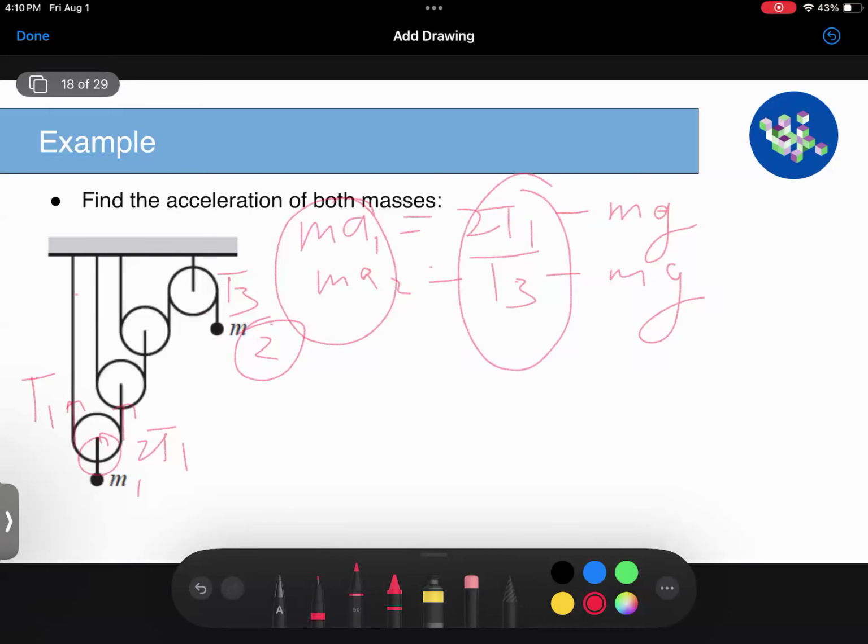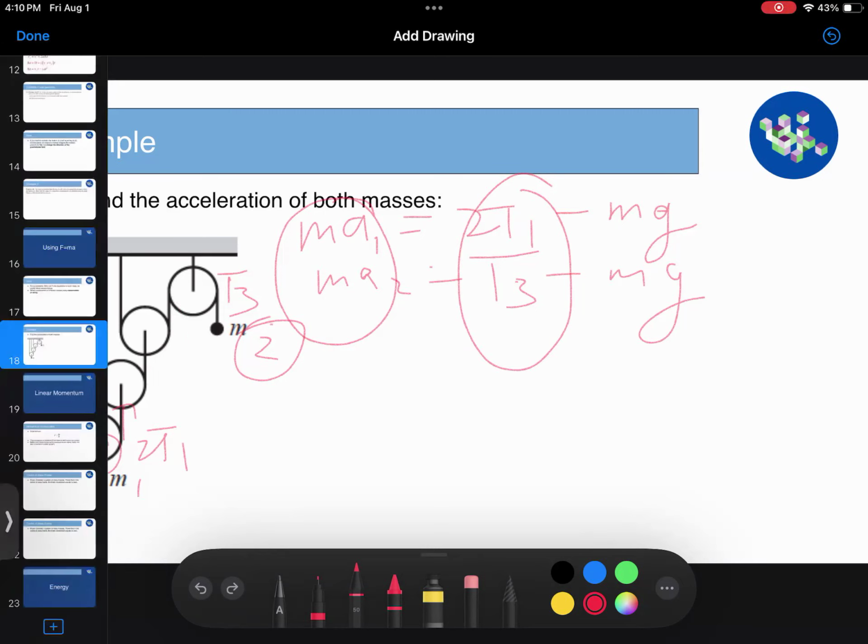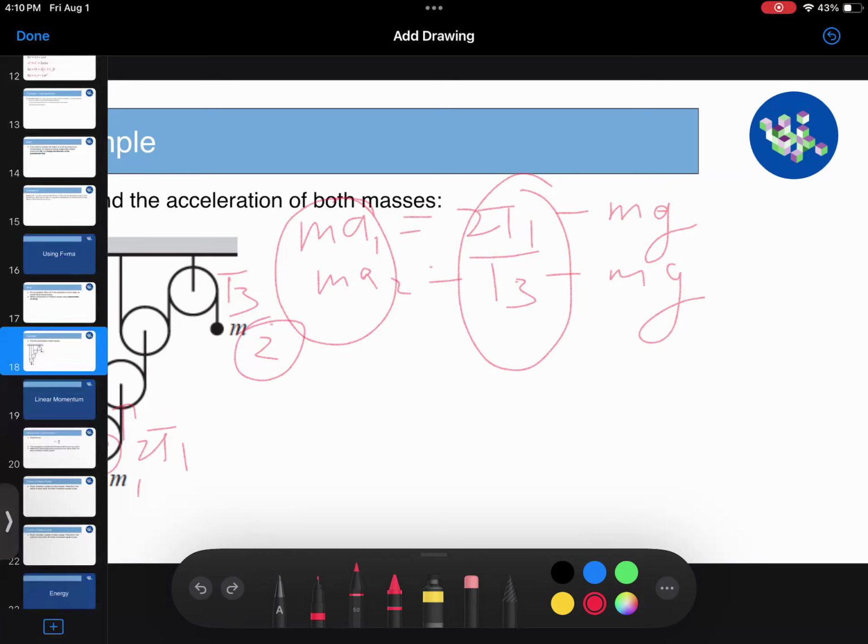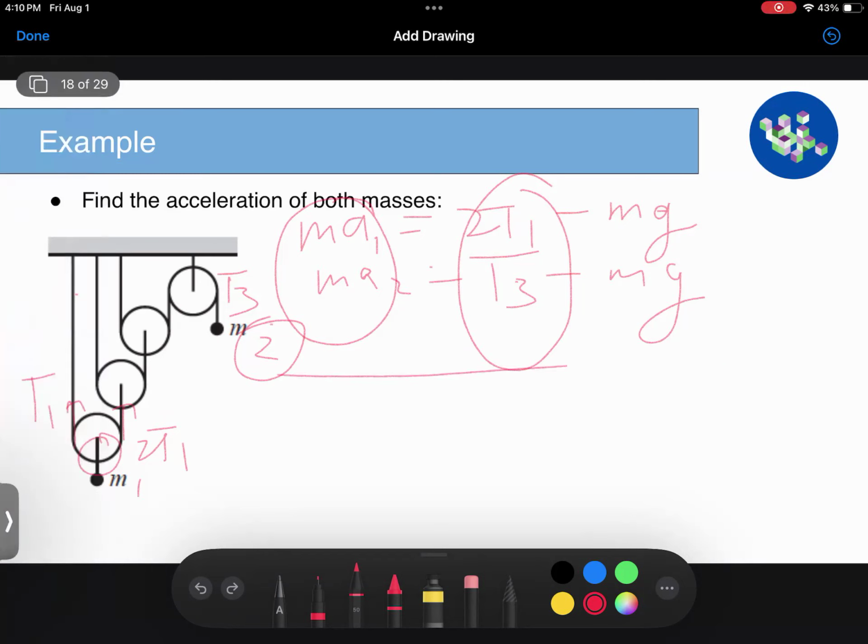Well, you're going to have to use conservation of string and figure out the forces on each of these pulley wheels. I'll leave you guys to do it for homework, or we might have time to do it. I doubt it, but the main idea is you set up your F equals ma equations, and then you relate tension forces using conservation of string or whatever method, like force balance on each pulley wheel.